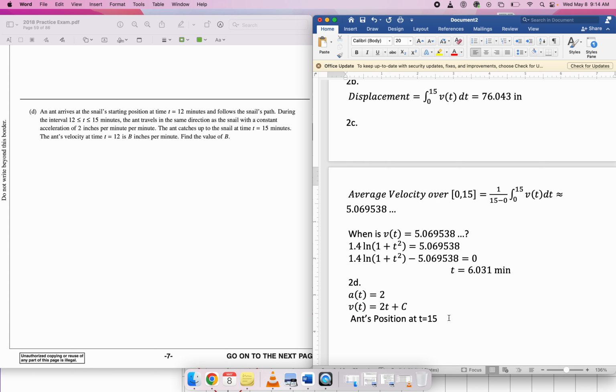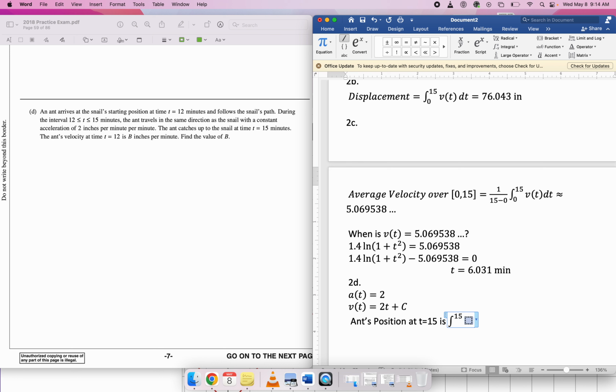Okay. So I'm going to write integral from 12 to 15 of 2t plus c dt.